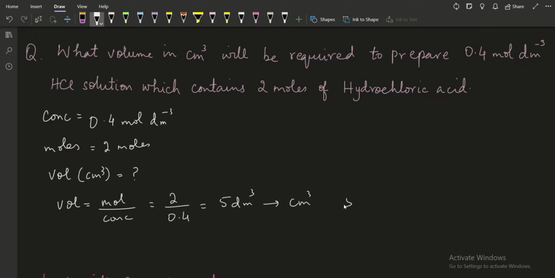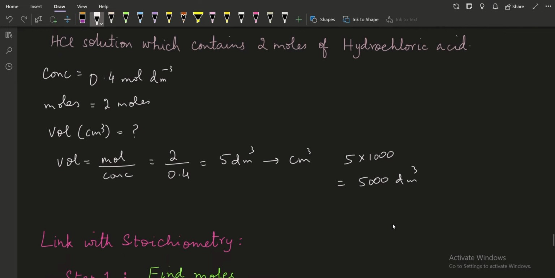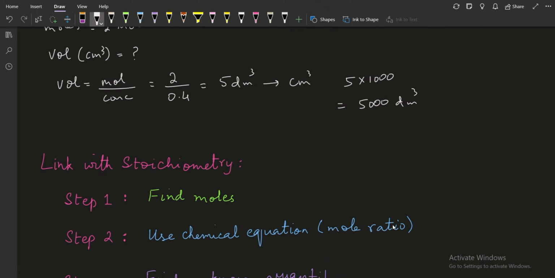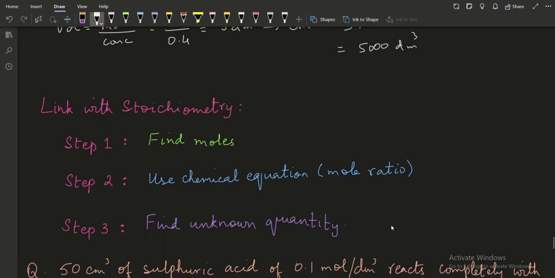We can do it by multiplying with 1000, so our answer will be 5000 cubic centimeter.